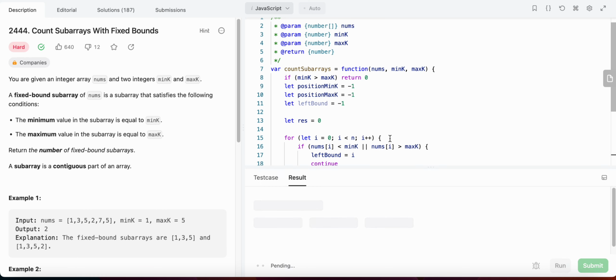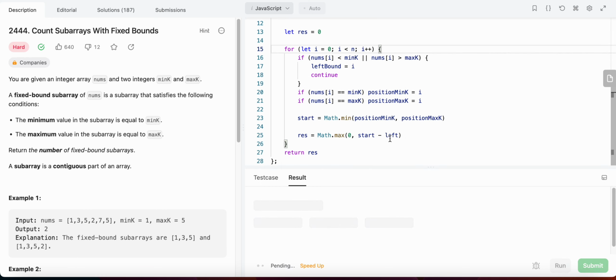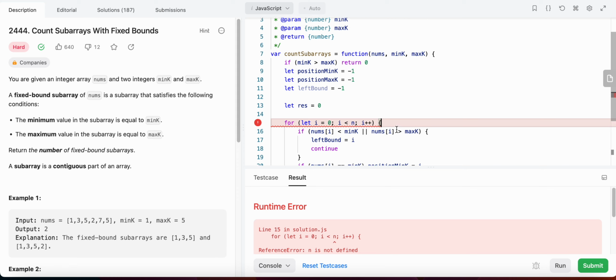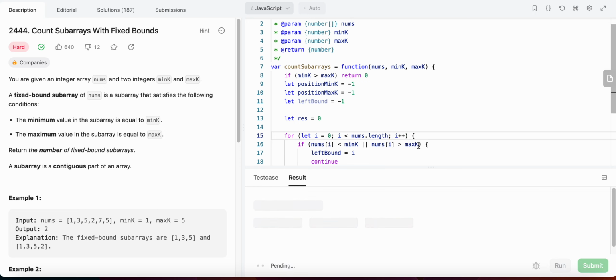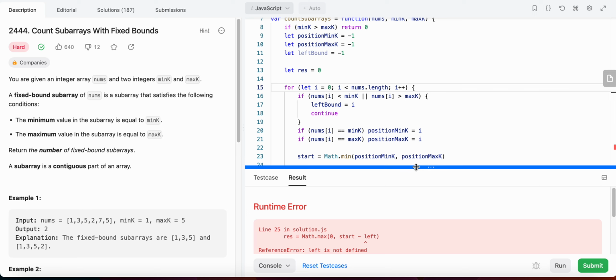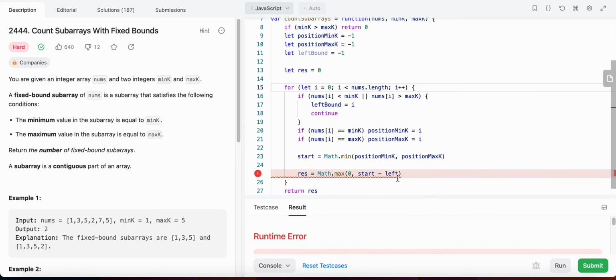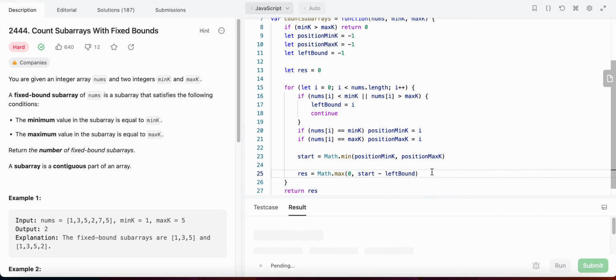Let's run our code and look for any errors. Okay, so we have an error. We did not define an. Okay, we have one more error. This is left bound. Okay.